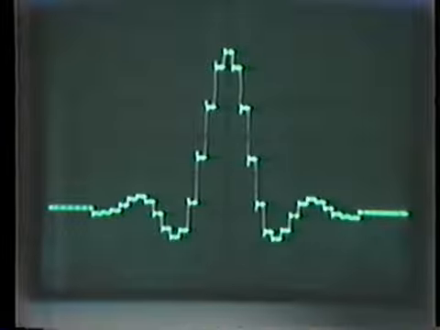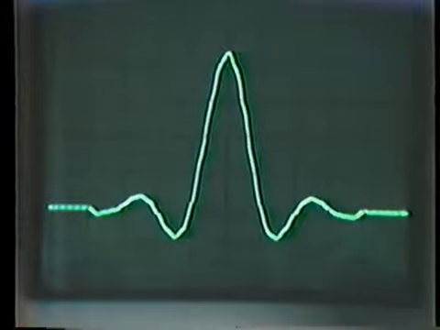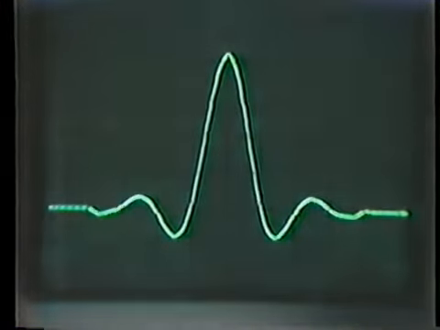We can put the desampling filter back in now and notice that the effect of the desampling filter is basically to smooth out the rough edges in the boxcar output from the D-to-A converter. Okay, so that's the impulse response of the system.